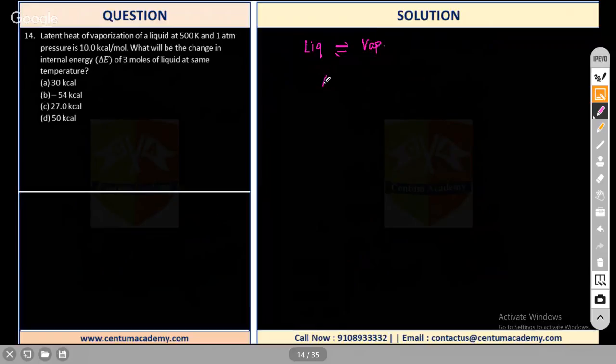So delta Ng is what? It is only for gaseous molecules, right? So you only take the number of moles of vapor. Liquid you don't consider. So that will be 3 in this case. Understood? Now you try this.